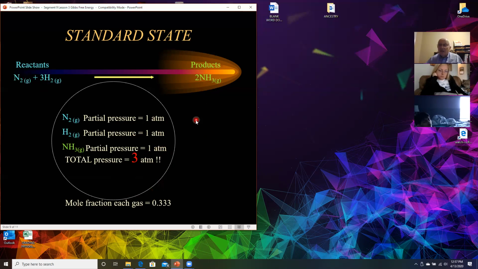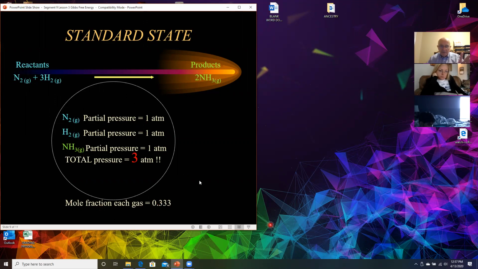Now, it is not in the stoichiometry. It's not 1 atmosphere of nitrogen and 3 atmospheres of hydrogen and 2 atmospheres of ammonia. No, no, no. It's not that. Each substance has to be at 1 atmosphere pressure to define the standard state. And that means the standard state is giving you a set of concentrations. And we're going to be interested in which direction from that set of concentrations this reaction will go spontaneously.